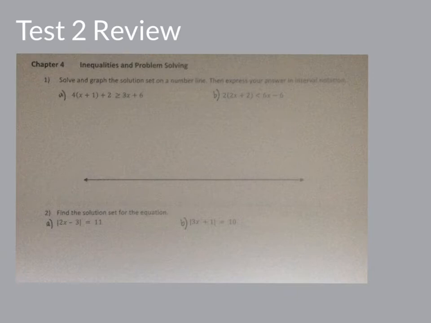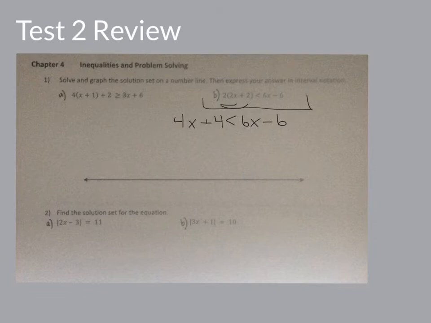So the first question we're going to do is number 1. 2 times 2x plus 2 is less than 6x minus 6. The first thing I'd want to do in this problem is distribute that 2 through. So I end up with 4x plus 4 is less than 6x minus 6.